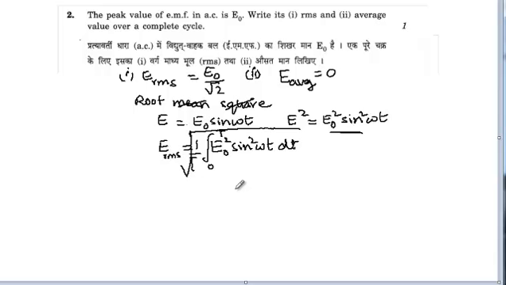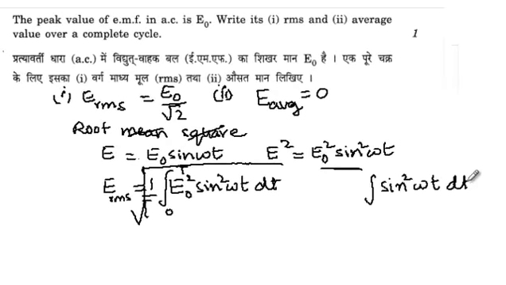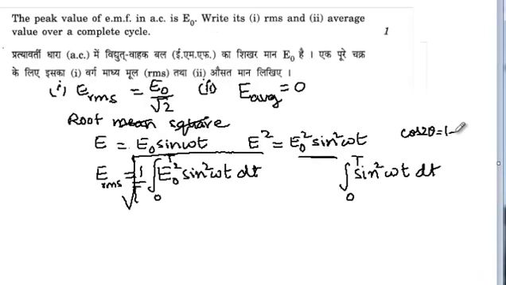Now to integrate this, you can see that E naught is a constant, so we need to integrate sine square omega t dt from 0 to T. First of all, we'll use the identity that cos 2 theta is equal to 1 minus 2 sine square theta.